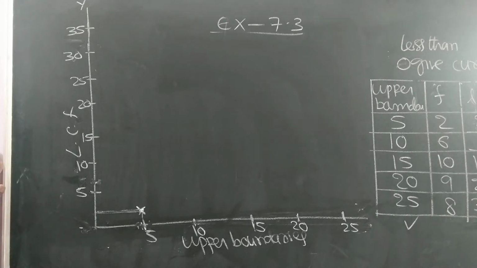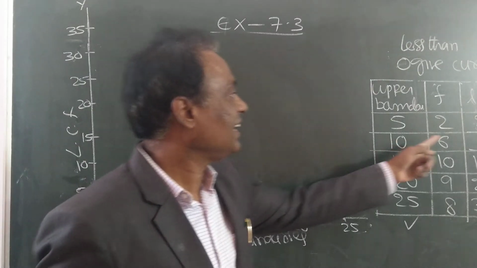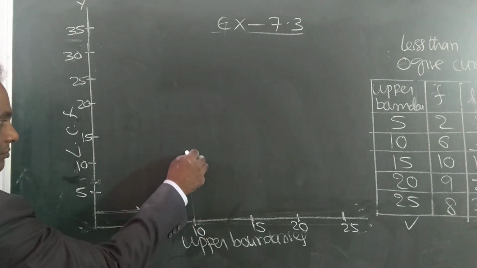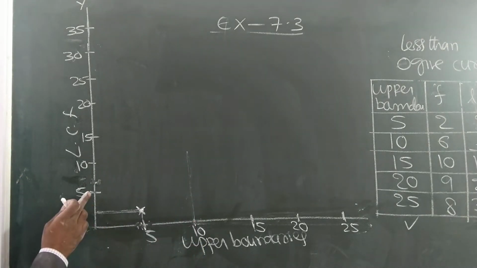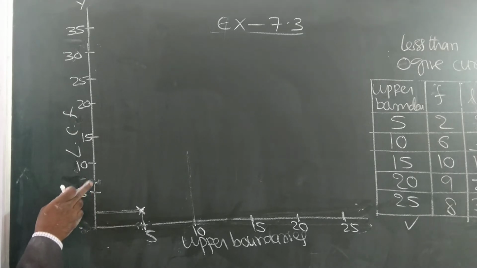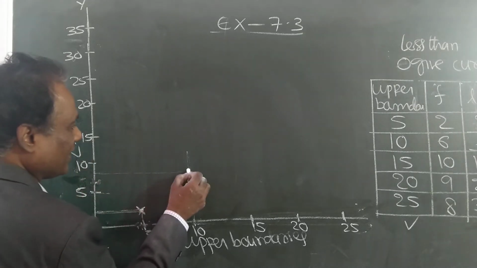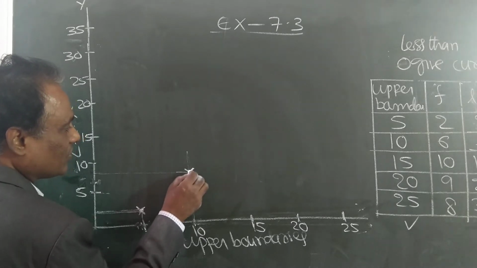Next, 10, 8. See students, 10, 8 means 5, 6, 7, 8, 9, 10. So 8 will be somewhere here, approximately, because this is not a graph paper. So this is the point.